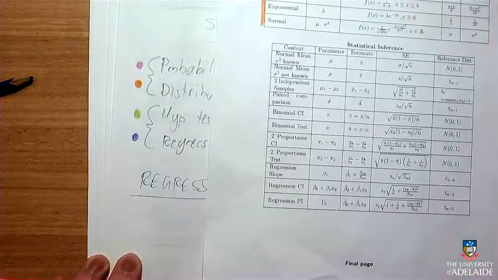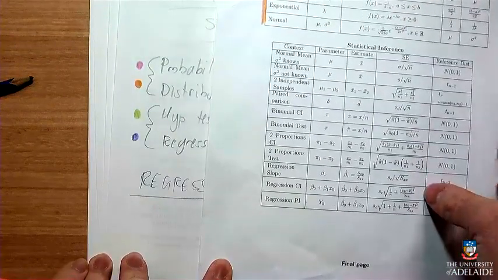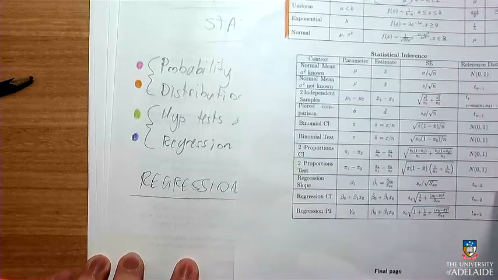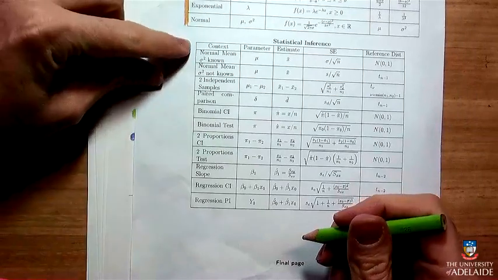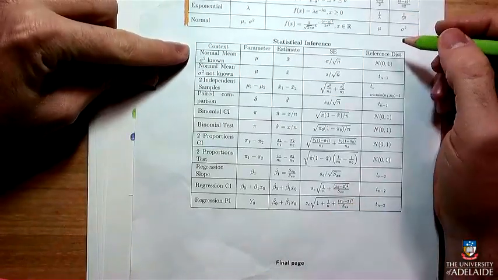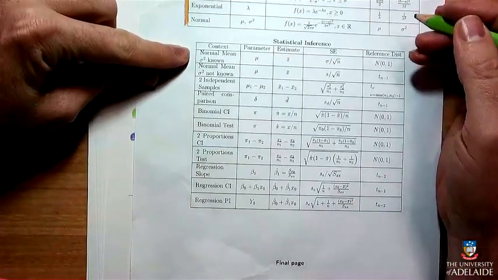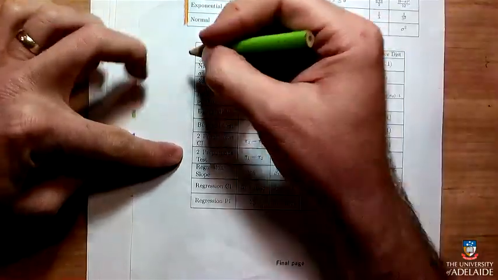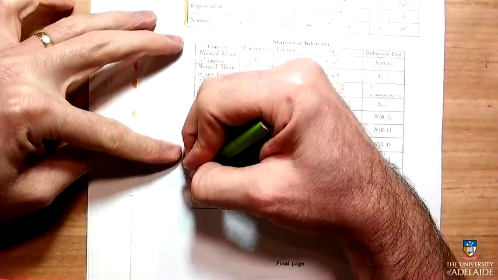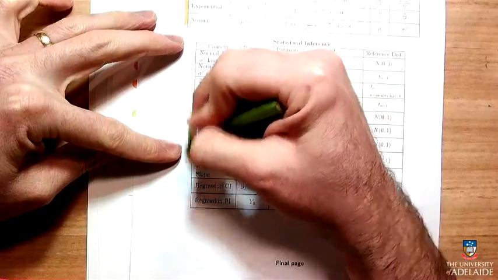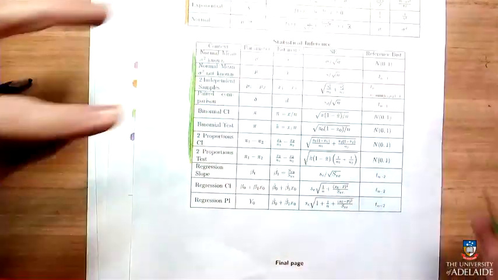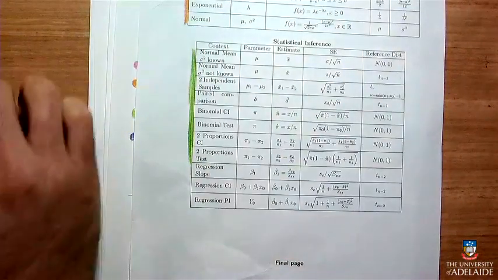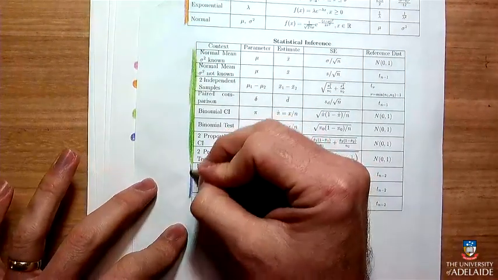And these are all hypothesis tests and confidence intervals. Oh, except down to there. Not there. And these three, since they say regression, are about regression.